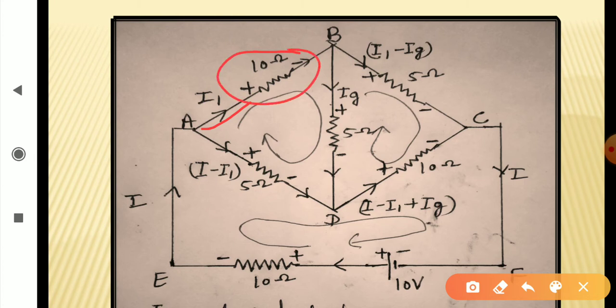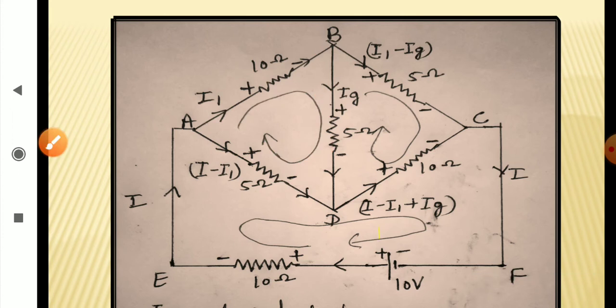So minus I1 into 10. For this part, when you're moving like this, you're moving from higher to lower potential, so minus Ig into 5. And when you're moving this way, you're moving from lower to higher. That means rise of potential. So positive.